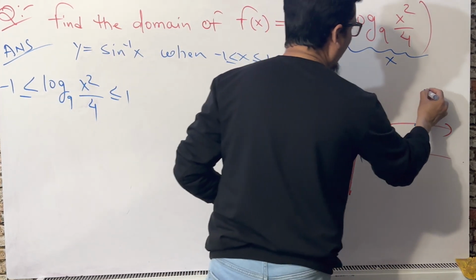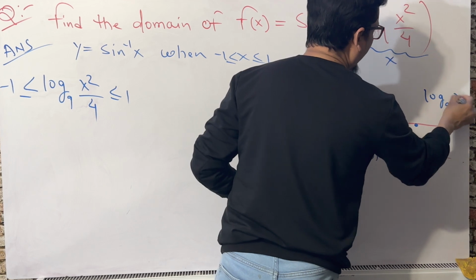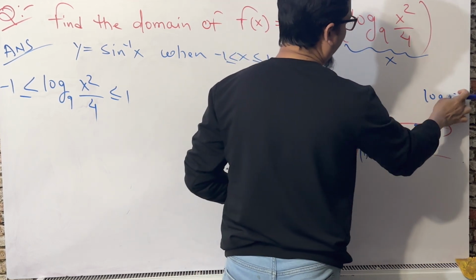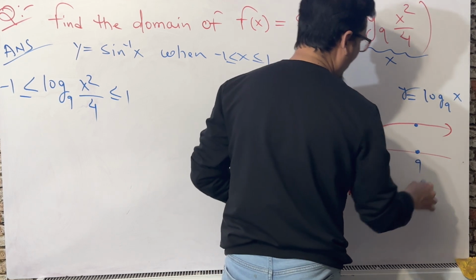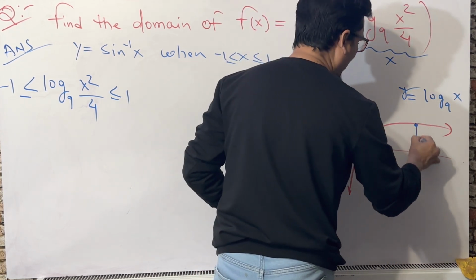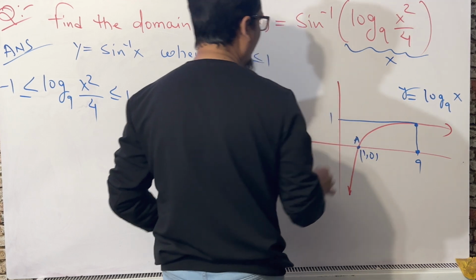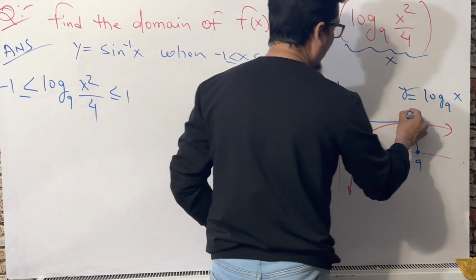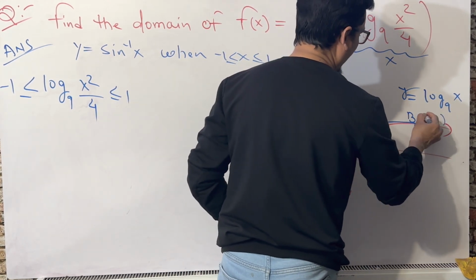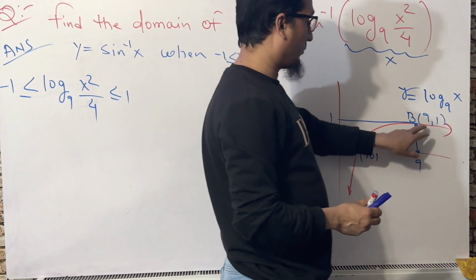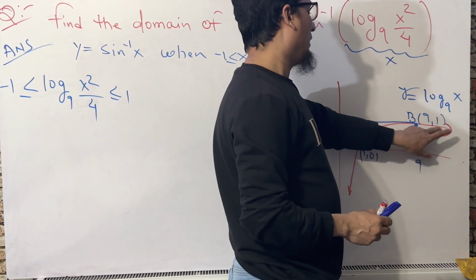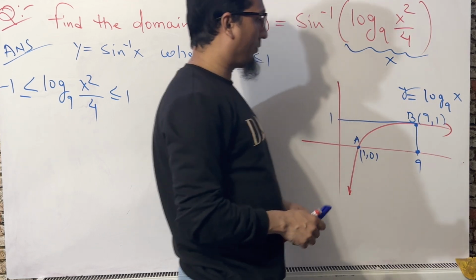For example, you have log base 9 of x, which is y. So this is the graph when x reaches 9. Then you can say the function value is 1. So this point is B, and the ordered pair is (9, 1). So here you can see the base, the value of x is 9 and the value of y is 1, right?